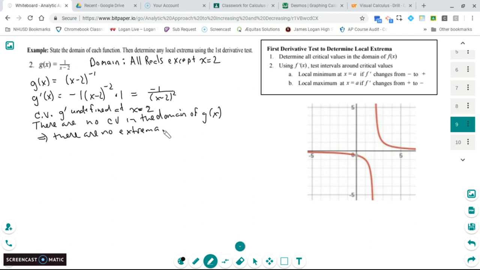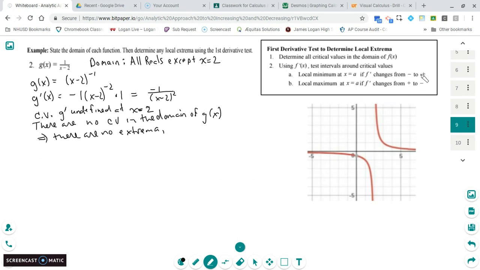Not only that, even though I haven't done the number line test, I'm actually just completely skipping doing a number line test. I can tell that the first derivative is always going to be negative just by looking at it: the numerator is always negative and the denominator is always positive because of that square. And since this is always negative, we also know that g has to be decreasing everywhere.